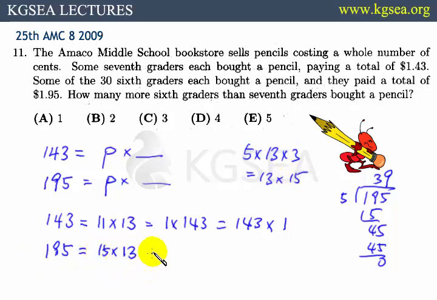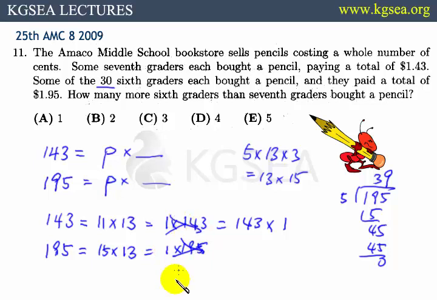That's 195. I still have the possibility that the pencil was a penny, and there were 195 students buying it, but that's not the case because they said some of the 30 6th graders. So at most there are 30, then some of them bought it. So this is not the case. So the pencil cannot be a penny.